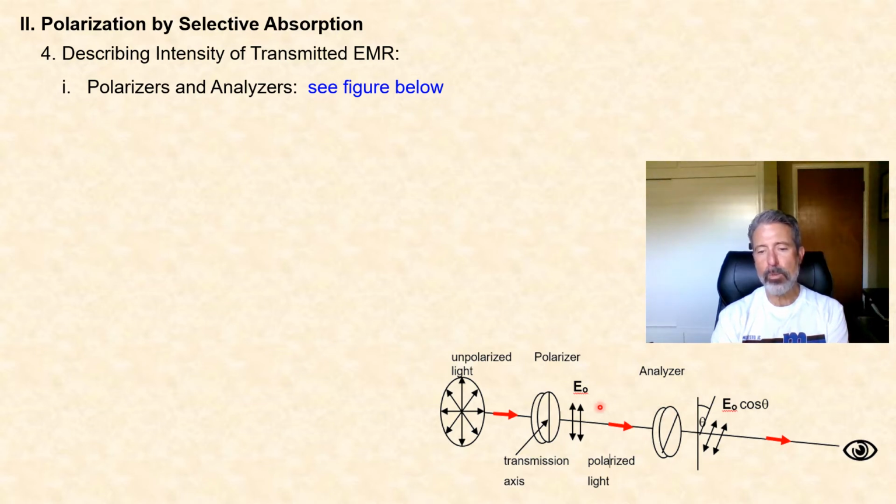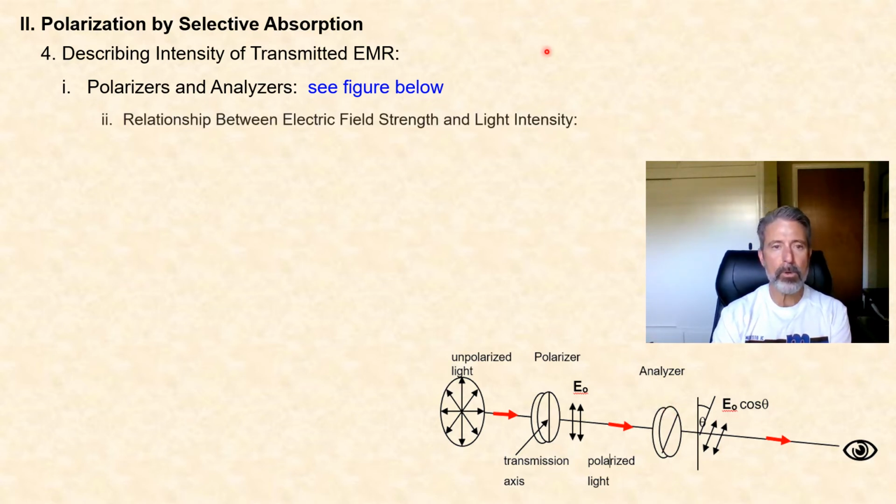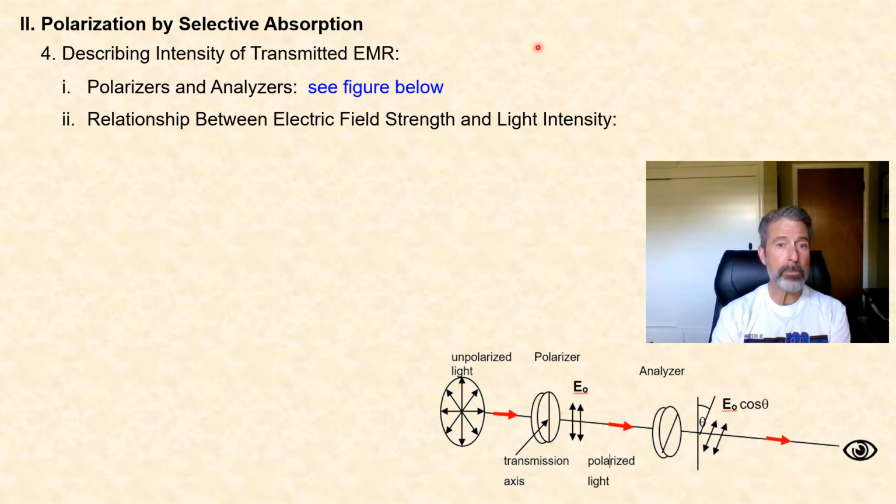Then when we let that polarized light travel through a second piece of Polaroid film that is at some angle with respect to the plane of polarization, only a component of that polarized light is able to be transmitted, and it is the component that is parallel to the transmission axis that gets transmitted.